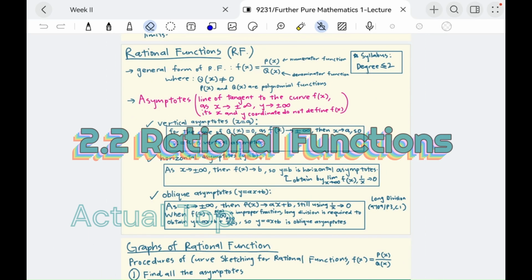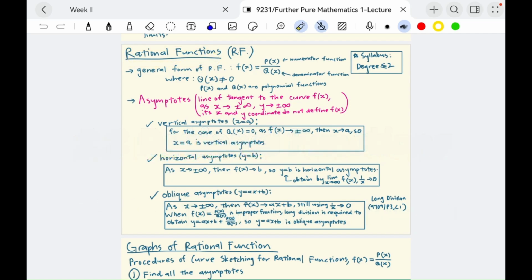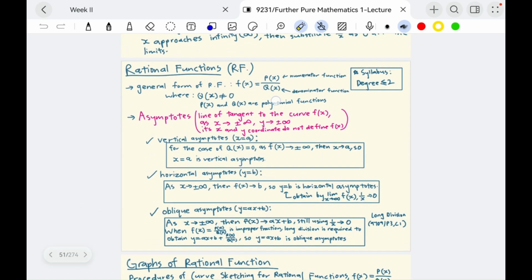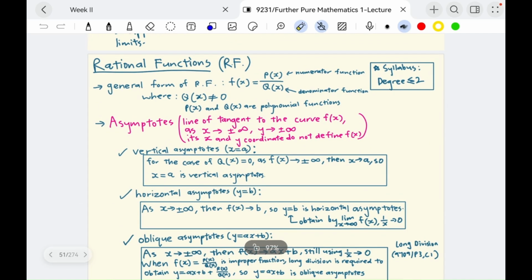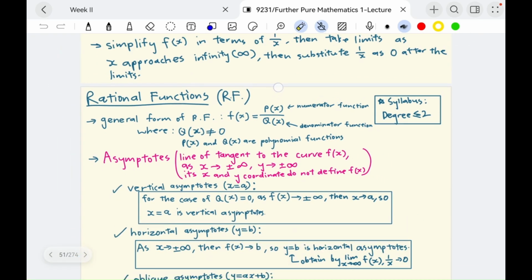Okay, so here is the actual topic for chapter 2, rational functions and graphs, of course. Rational functions I will abbreviate to RF. From now on, I don't call it rational functions, I call it RF. So what is the general form for the RF?